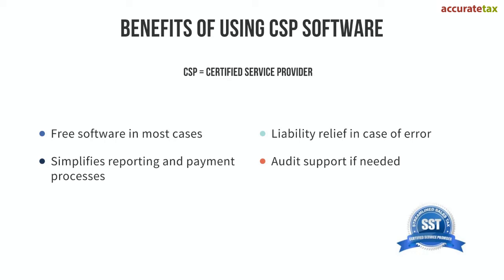And if you are a Streamline Sales Tax seller and you're selling into an SSTP state where you don't also have a physical nexus, where you only have that economic nexus, then the calls to those states don't get rolled into the cost of using the software. They're basically free calls. We as the CSP get compensated by Streamline Sales Tax for your use of this software.